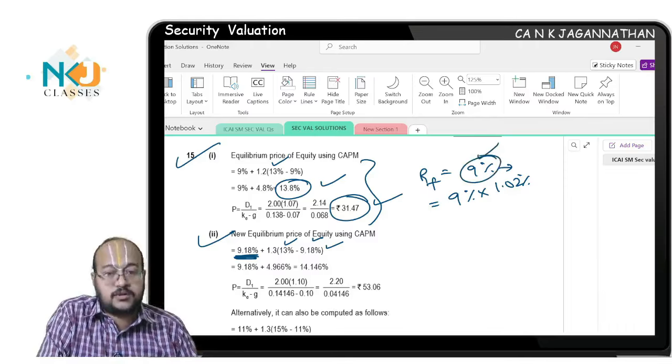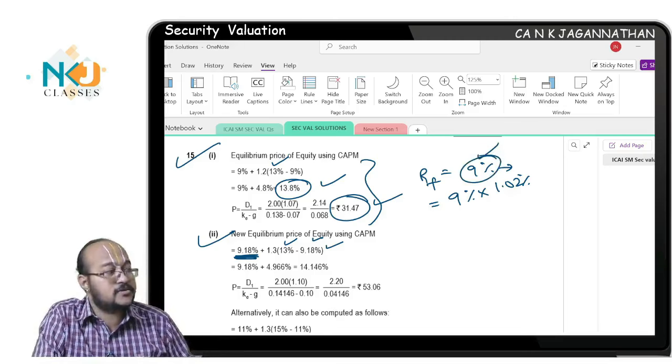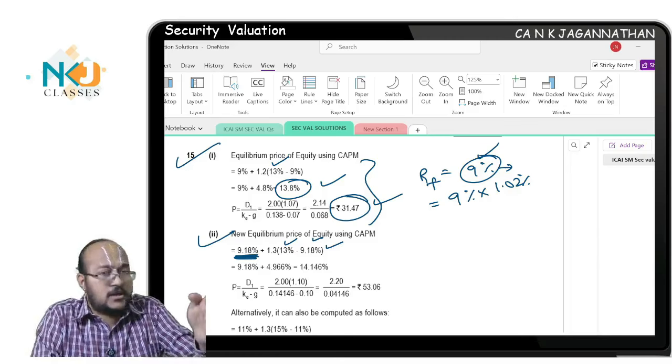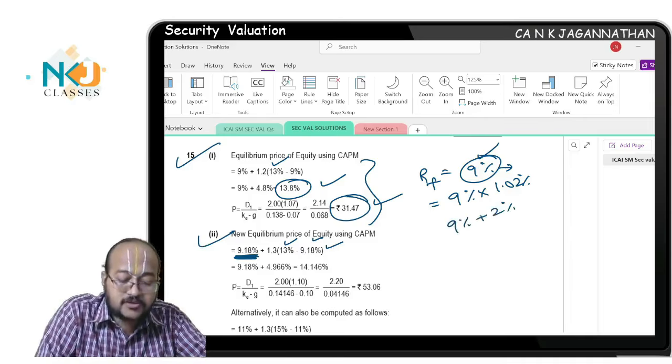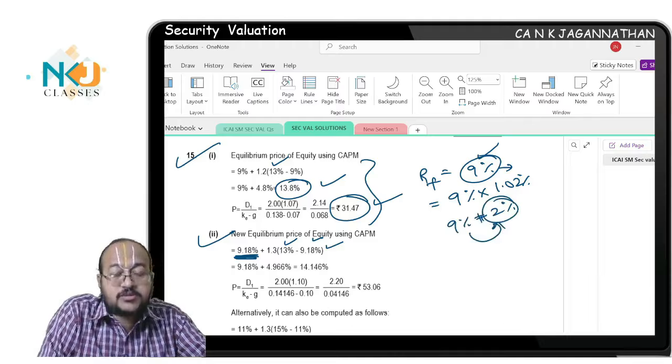They have considered this. Are you understanding what I am trying to say? Which means, if inflation rises by 2%, RF rises, but not by 2%. If RF is 9% and I simply add 2%, then you are considering the inflation to be the entire risk-free rate.